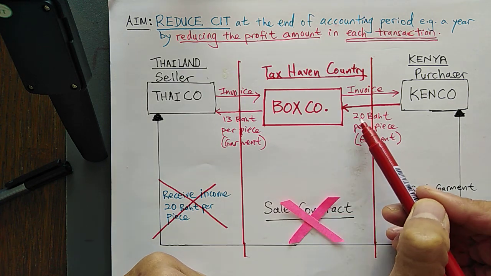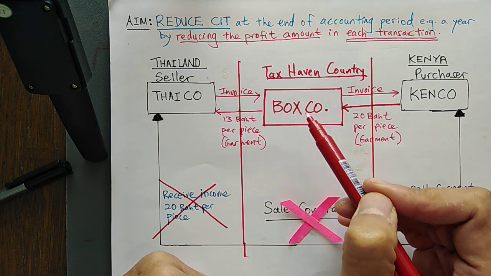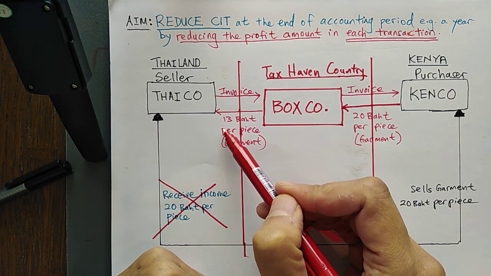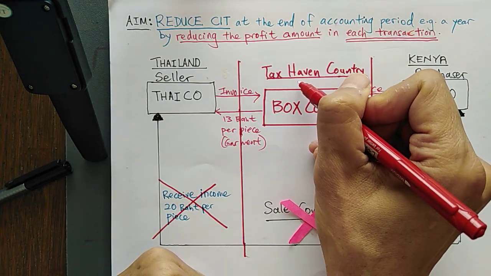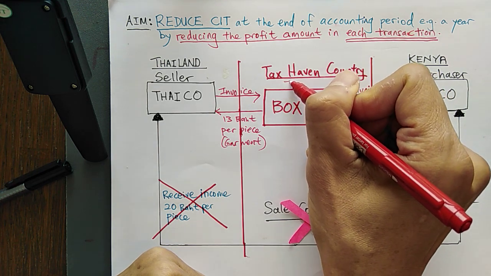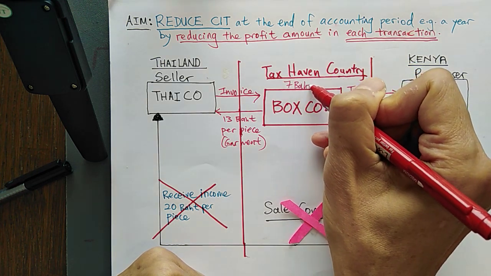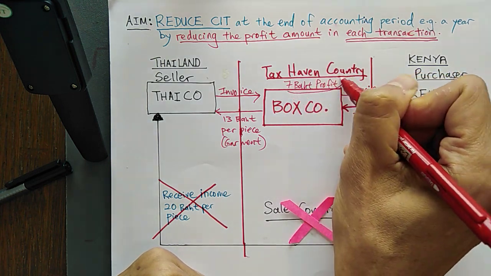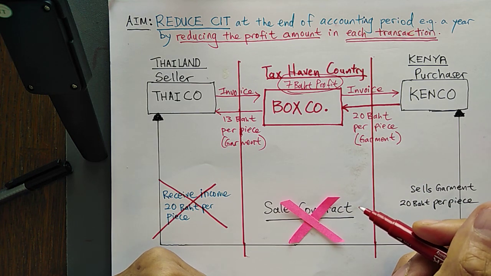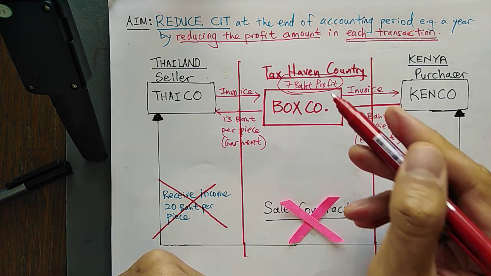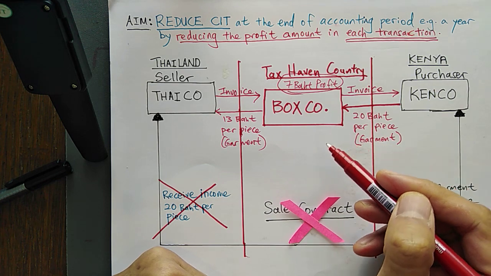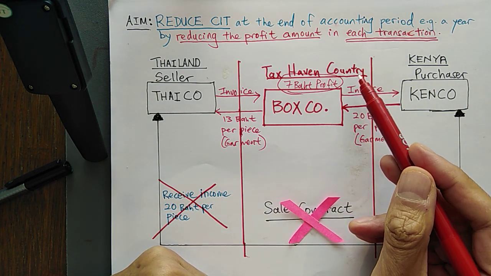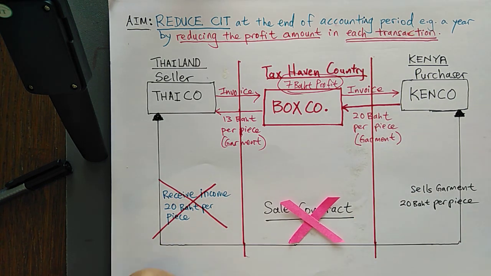Now, as you can see, the 20 baht is here. Boxco would pay Taiko 13 baht and thereby realizing a 7 baht profit, right here. The 7 baht profit would be in the bank account of the Boxco in the tax haven jurisdiction.